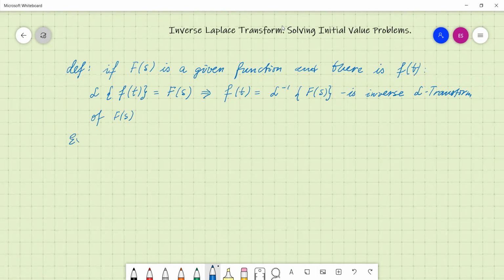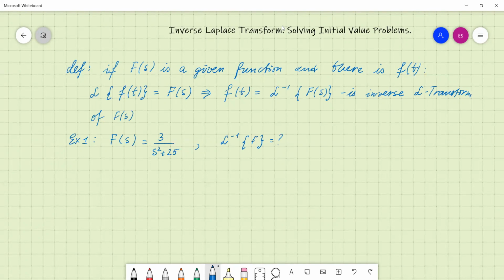So our first example, number 1. Let's consider big F of s equals 3 over s squared plus 25, and ask the question: which function produced this big F of s? So what is the little f of t which we integrated and got this big F?